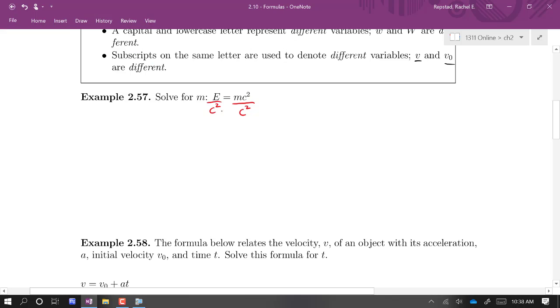And now m will be isolated. And I'm going to just flip the order so that I write m on the left side. When we're solving for a variable, it's conventional to put that variable on the left side. So m is E divided by c squared.